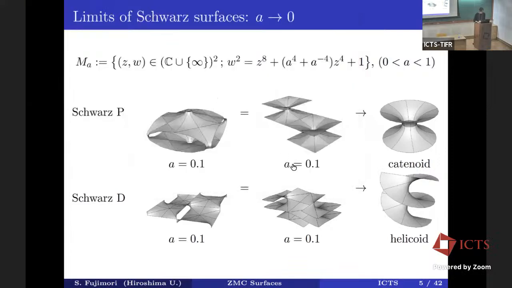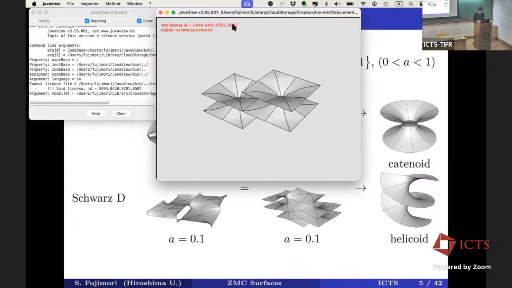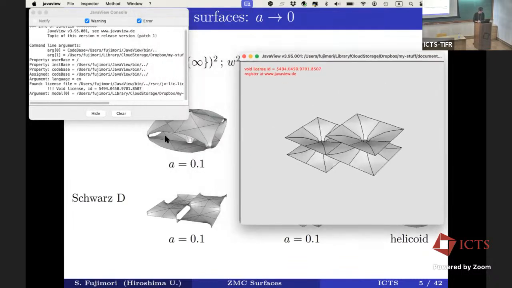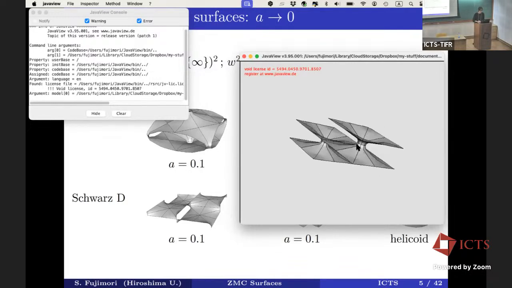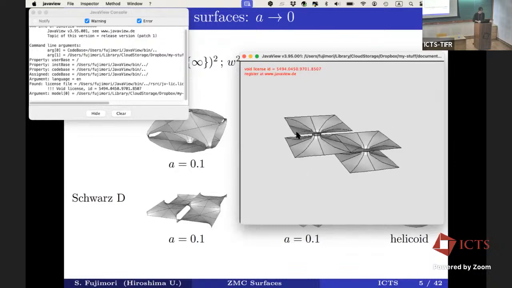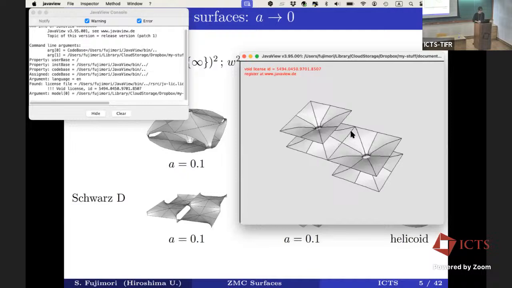And then after suitable translation, this surface is exactly the same as this surface. Now you see there are two catenaries connecting here, right?